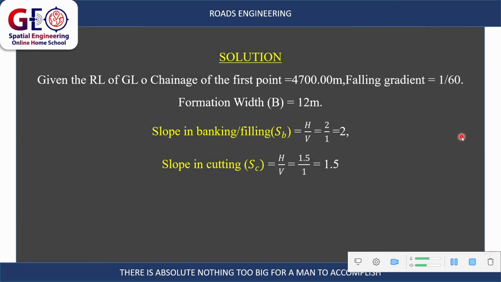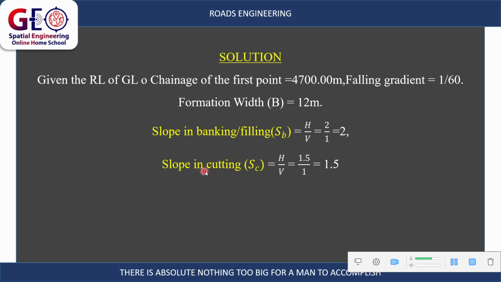Given the reduced level of the GL at the first point, which is 470 meters, the falling gradient of 1:60, and the formation width B, which is 12 meters, by definition the slope in embankment, which is filling, is the horizontal distance to the vertical, which is 2 over 1.